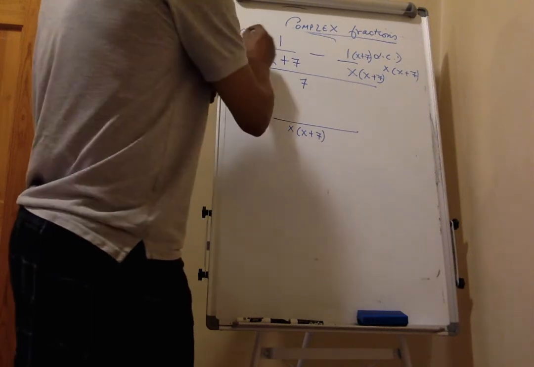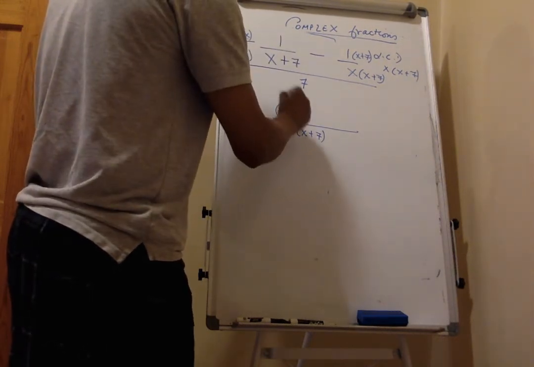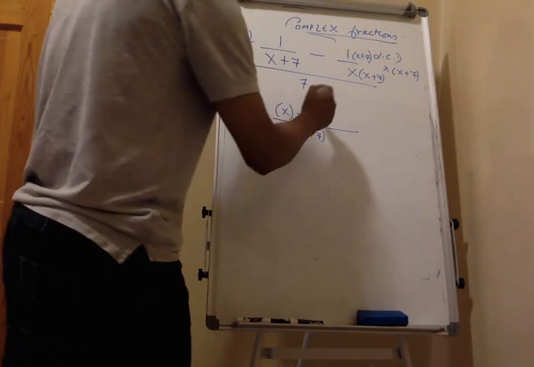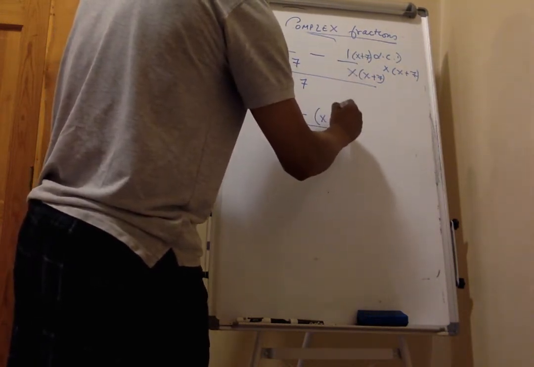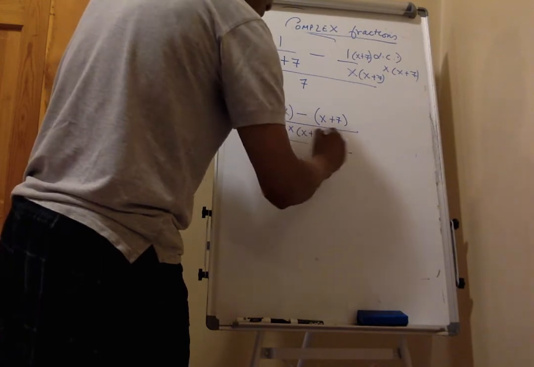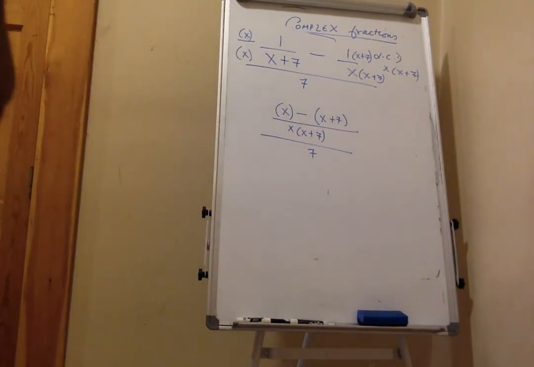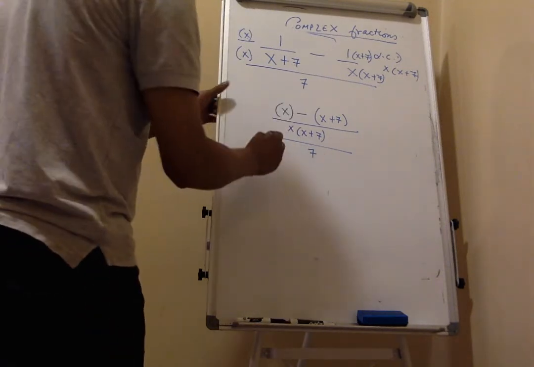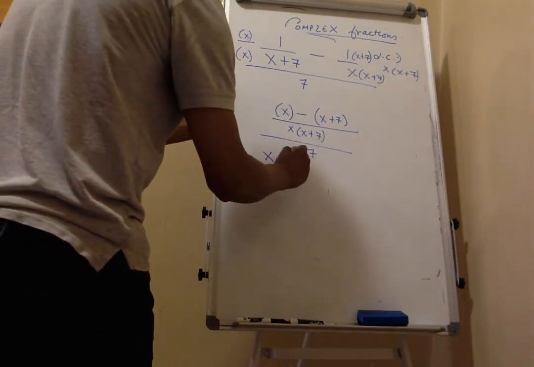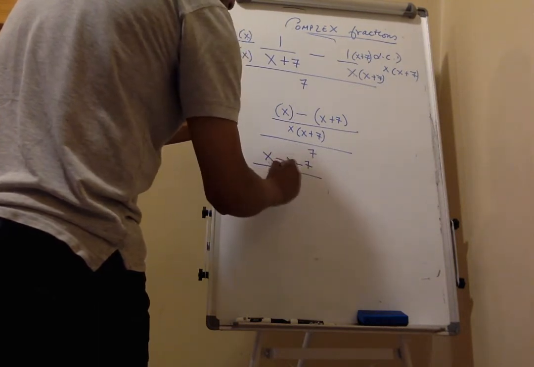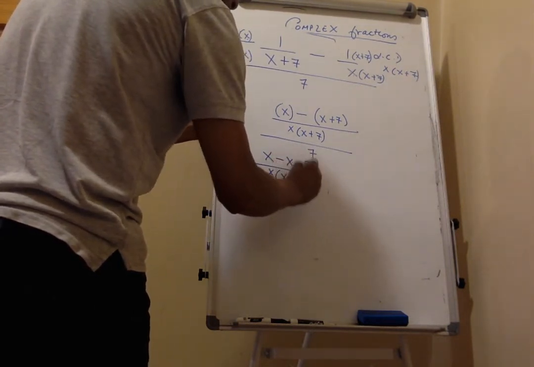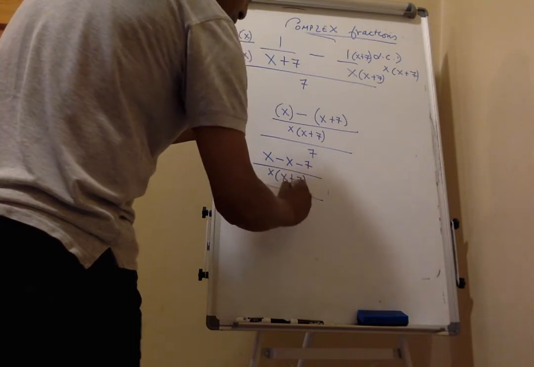And x times 1 is x, minus, distribute 1 to everything inside, which is x plus 7, over 7. Let's go ahead and simplify the top. So this is x minus x plus 7 over x times x plus 7, divided by 7.